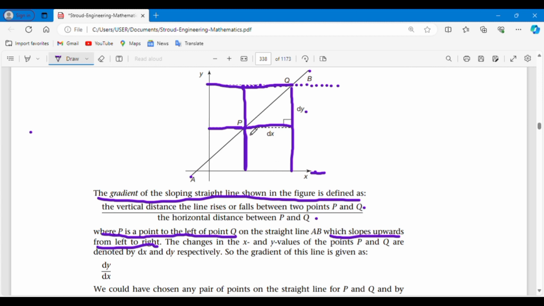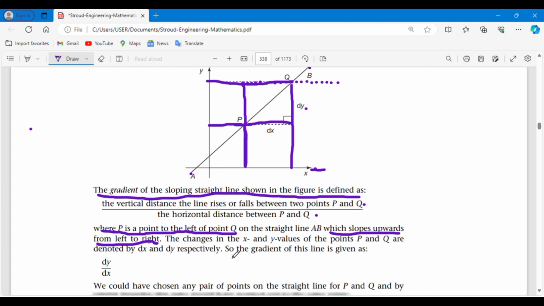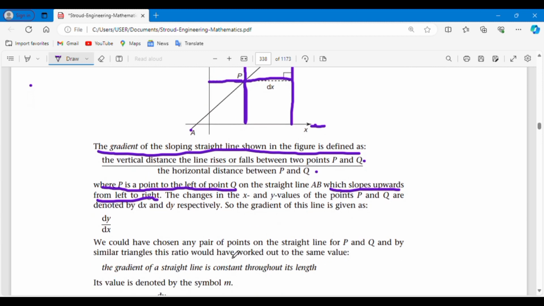So this one is going from here to here, and that is the x value. We could have chosen any pair of points on the straight line for P and Q, and by similar triangles this ratio would have worked out to the same value.